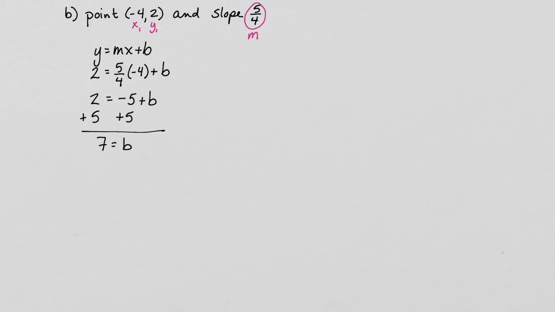And then remember, the only things we're going to plug in for, we're going to come over here to write our answer. So y equals mx plus b, but now I'm only going to plug in for the m and the b. So the equation of the line is going to be y equals 5/4 x plus 7.